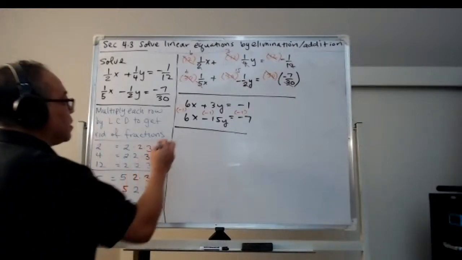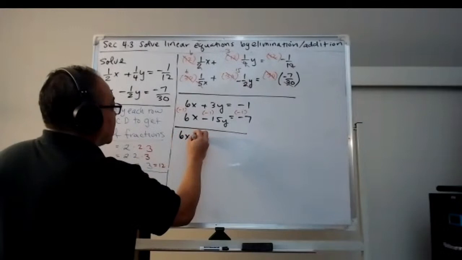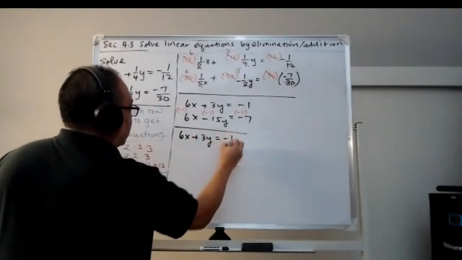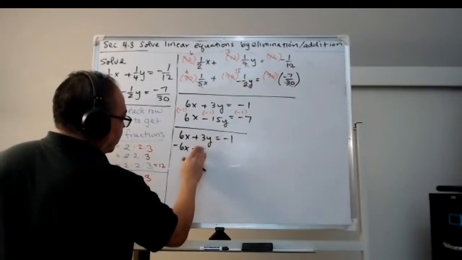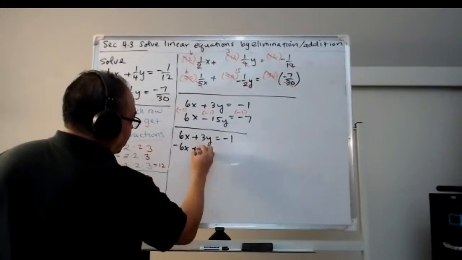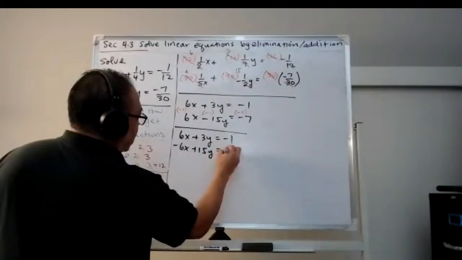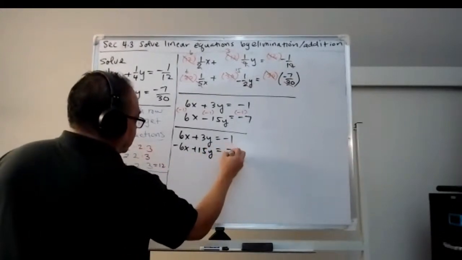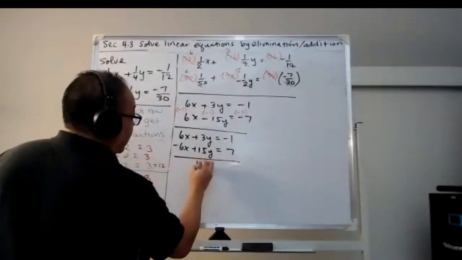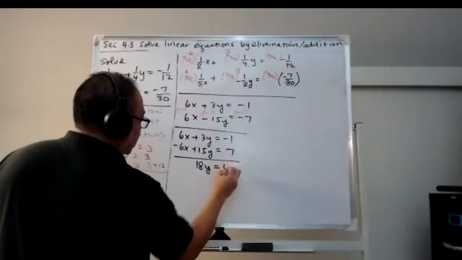Okay. So this is 6x plus 3y is equal to -1, minus 6x plus 15y is equal to 7. So we should have 18y is equal to 6.